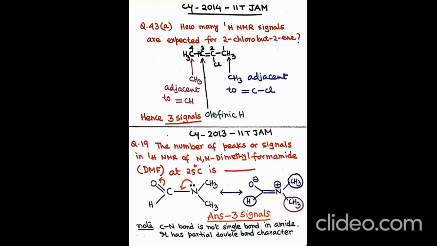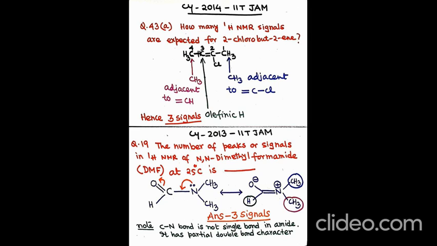Now coming to question number 19 of 2013, this question is: the number of peaks or signals in 1H NMR of N,N-dimethyl formamide at 25 degrees centigrade is. This question is based on one topic, carbon nitrogen restricted rotation. When we draw N,N-dimethyl formamide, it apparently comes to our mind that the 2 methyl groups have the same environment.